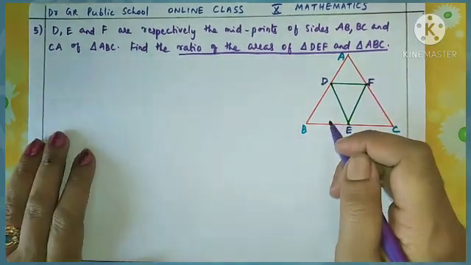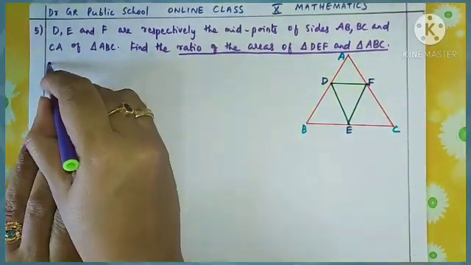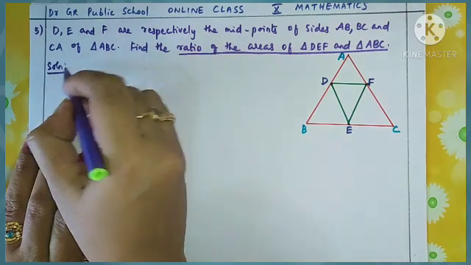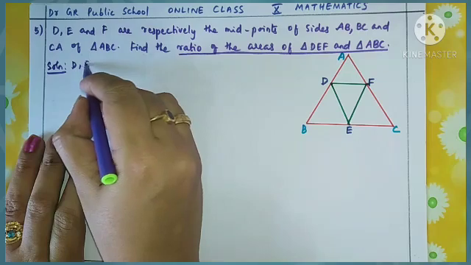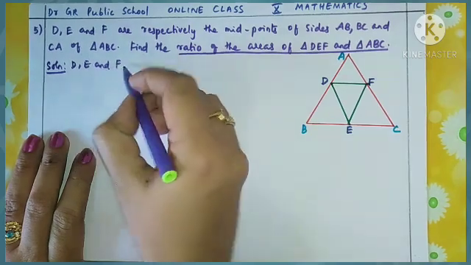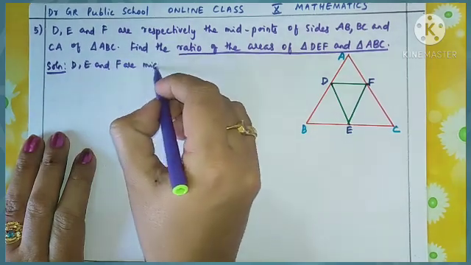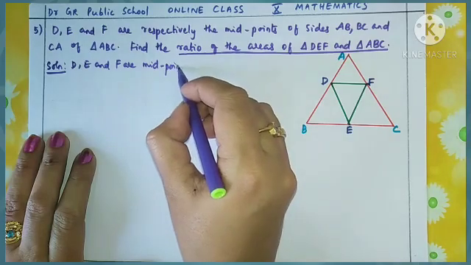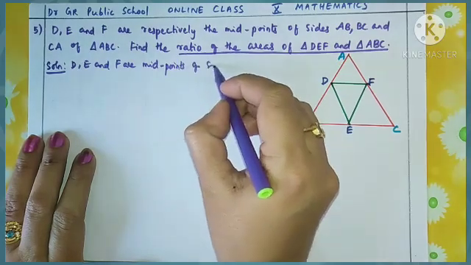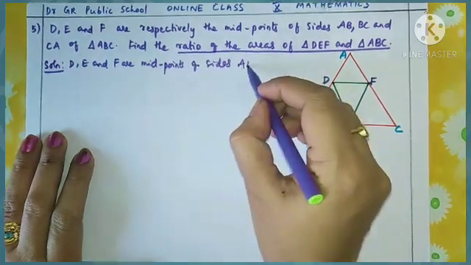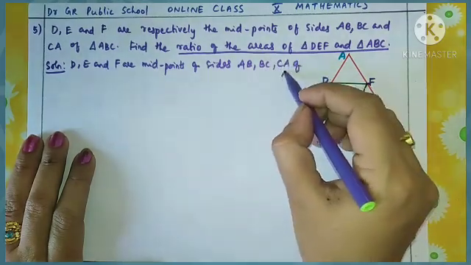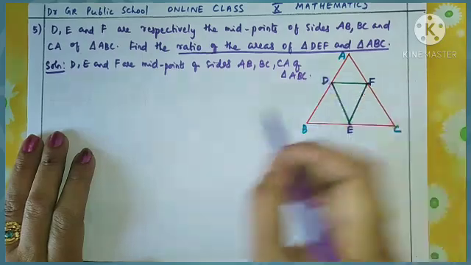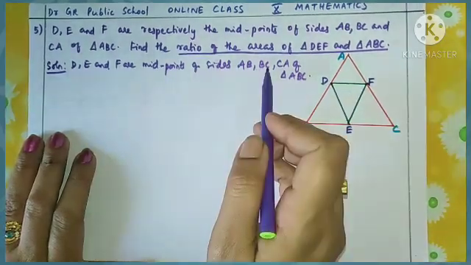Okay, so let us start the answer solution. First we can just write the given points D, E and F are midpoints of sides AB, BC and CA of this triangle ABC. So you take in the correct order.